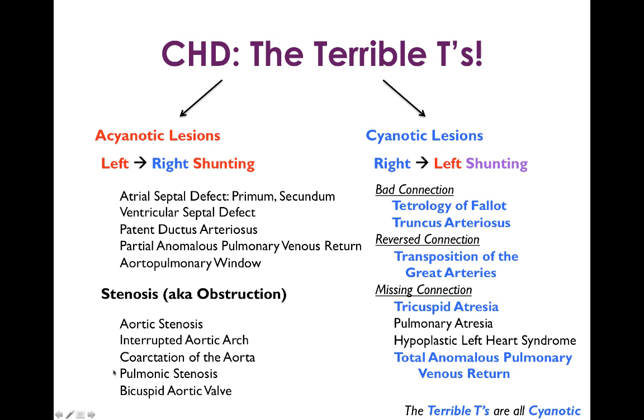And you'll notice over here, none of them begin with T. So I think this is a really easy way to at least keep the cyanotic lesions separate in your mind. And maybe you can add on a couple letters for pulmonary atresia and hypoplastic left heart syndrome. So terrible T's give you a clue that it's a cyanotic lesion you're dealing with.